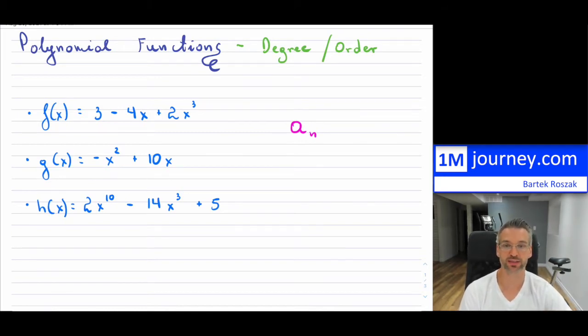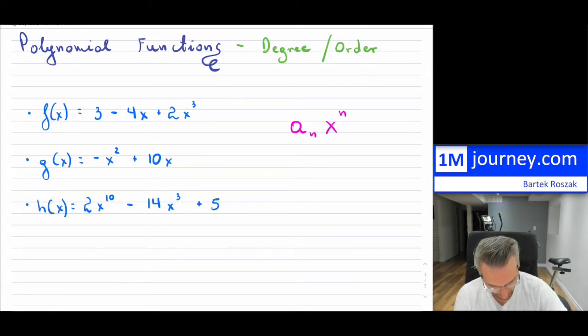I'll explain what the n means in just a moment. So we have some constant, some real number. It could be positive, it could be negative. We'll assume that it's not 0, because if we take it as 0, then it would erase everything for us. And then we multiply this constant by the variable x raised to some power n.